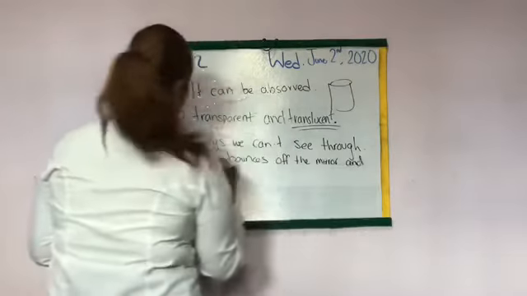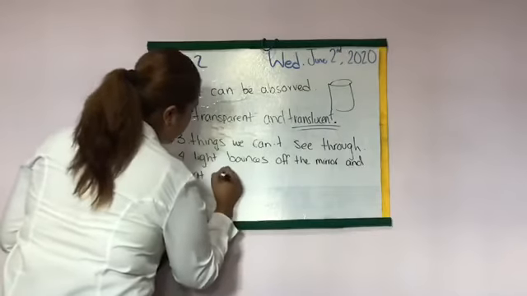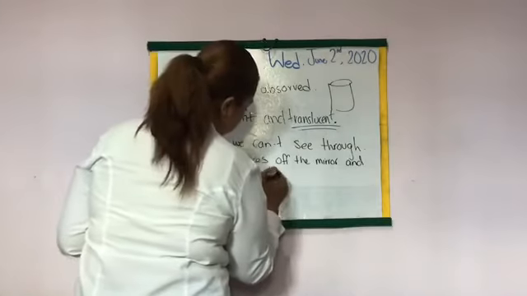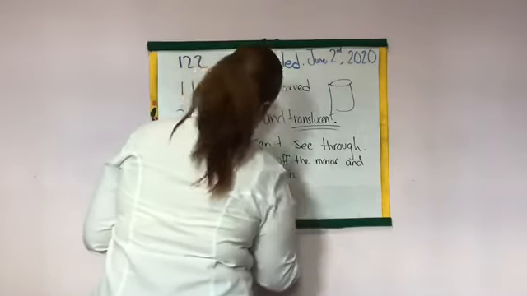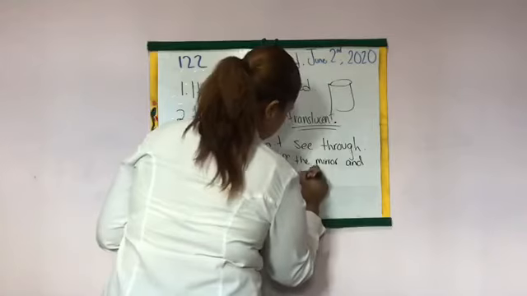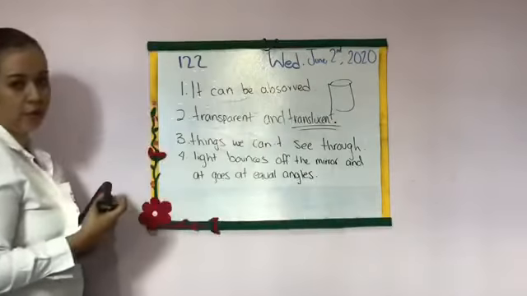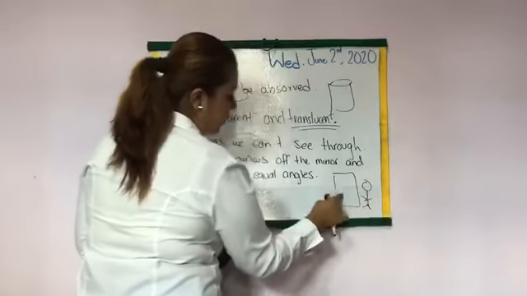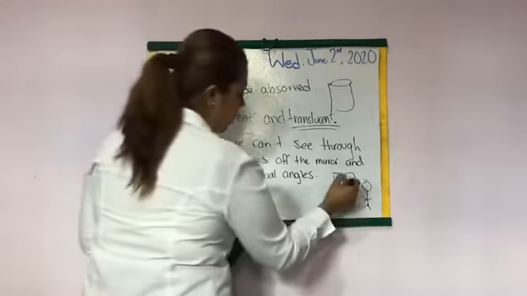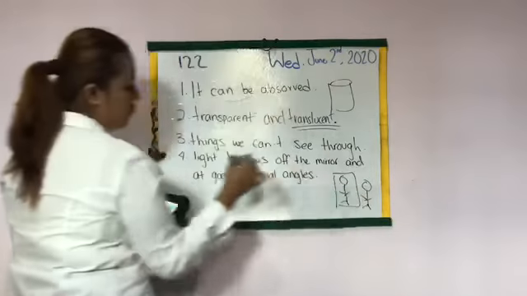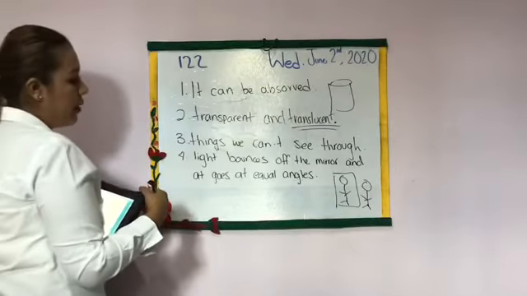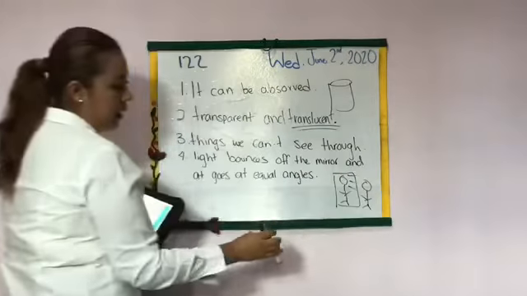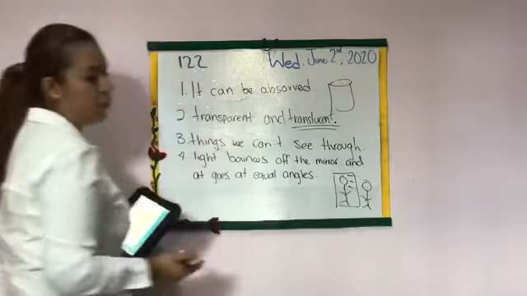It goes at different or equal angles. So this is you here. This is the mirror, and this is you guys. This is the reflection, right? Now, the light bounces off the mirror, and that's how you guys get your reflection.